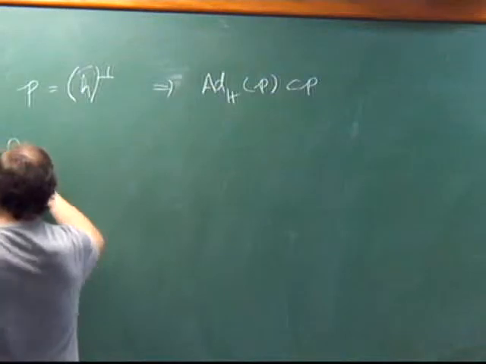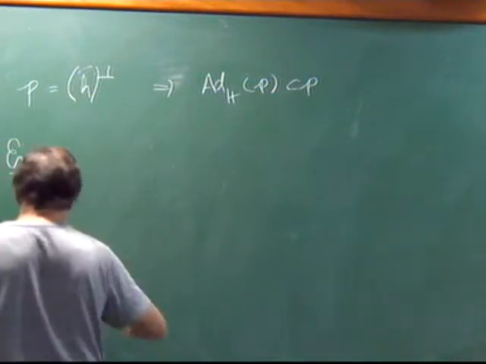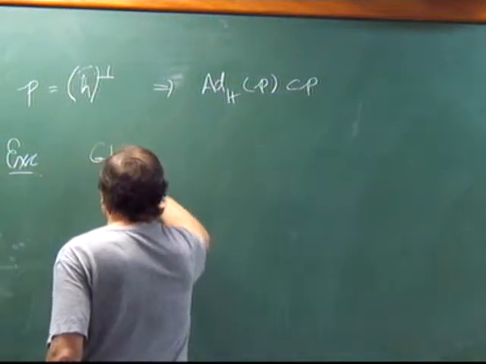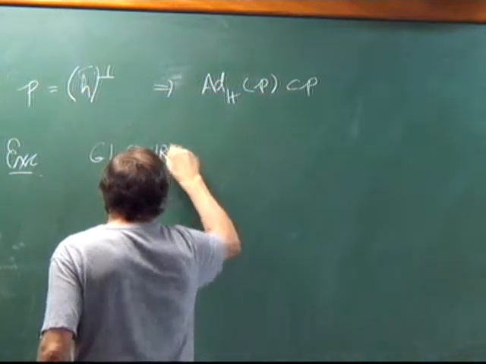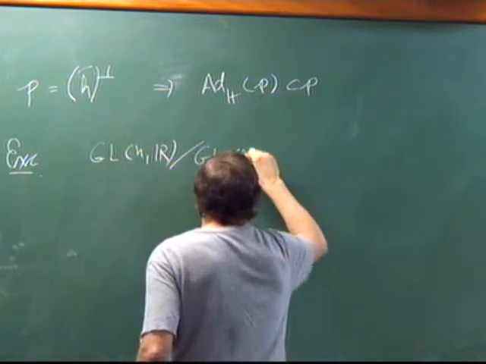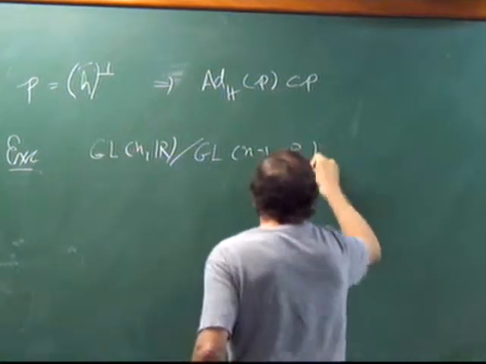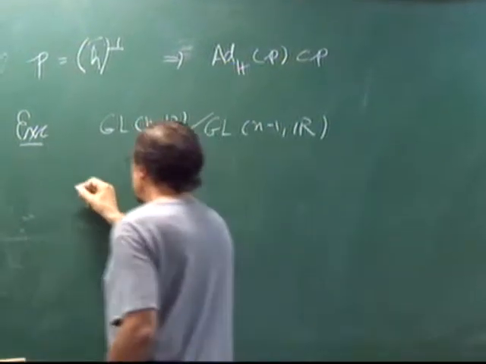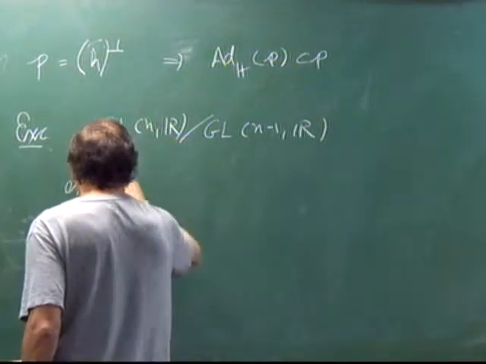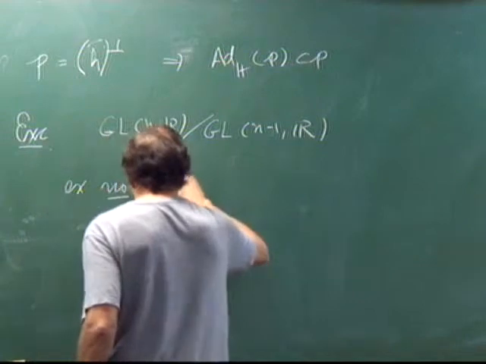Example and exercise: if I look at a space as a homogeneous space, I claim in this case there exists no reductive decomposition.